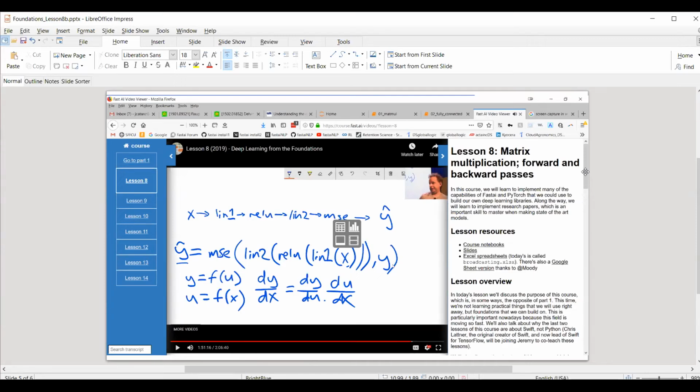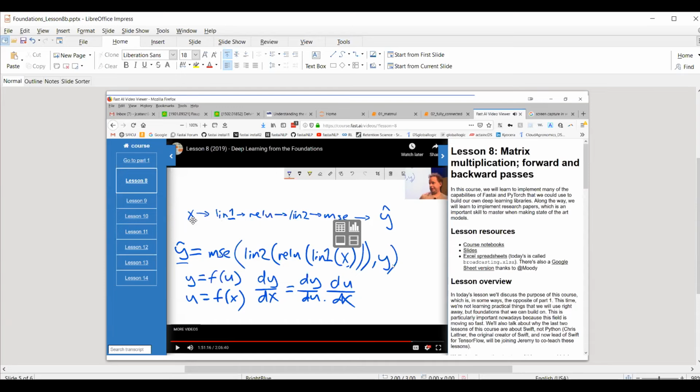Okay, so let's go through this part here. X is the input data, which, if it were the validation data, would be a 10,000 by 784 array.